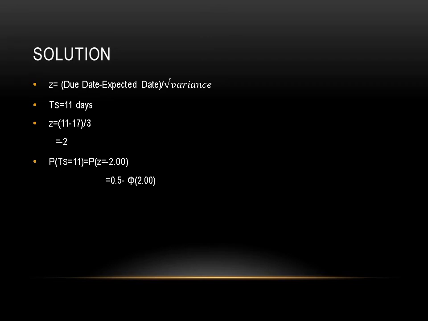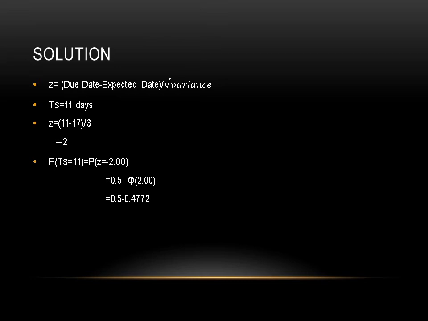So the formula is 0.5 minus phi of 2.00. Now 0.5 minus 0.4772. For Z equal to 2.00 in the table, it was 0.4772. So 0.5 minus 0.4772.